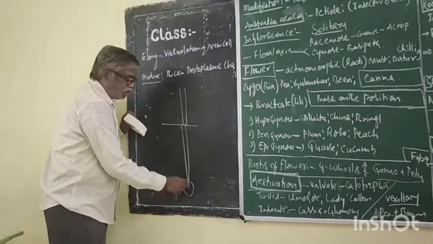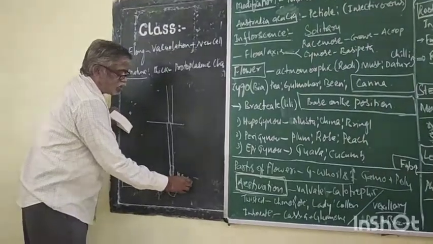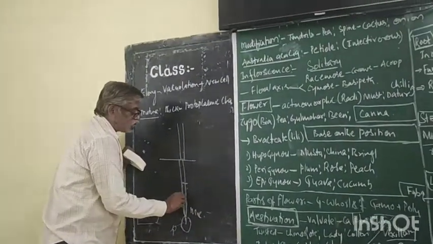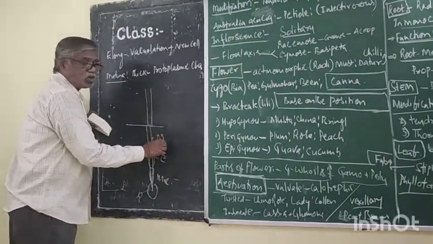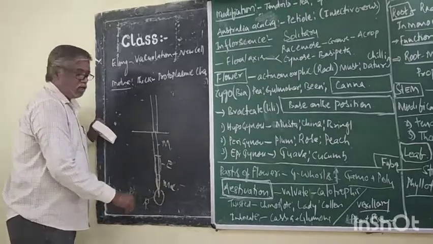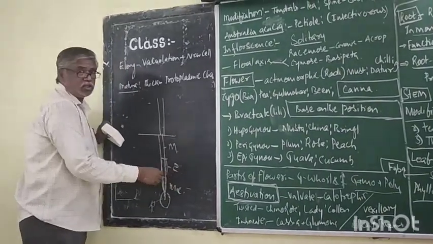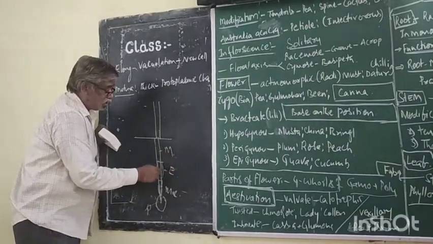After that, the first part is called the region of meristematic, the second is the region of elongation, and the third is the region of maturation. These are the three regions.